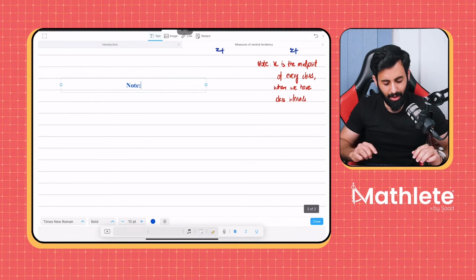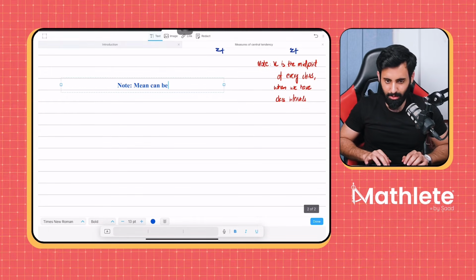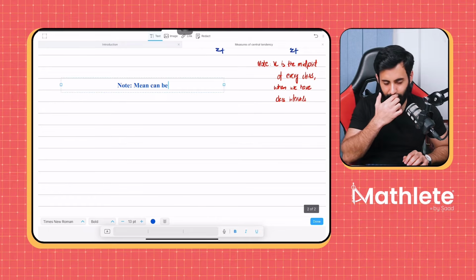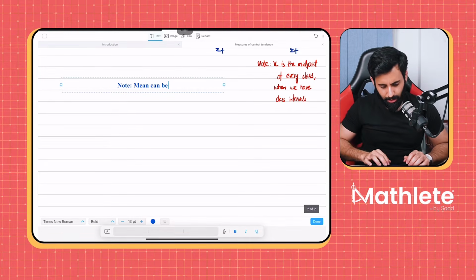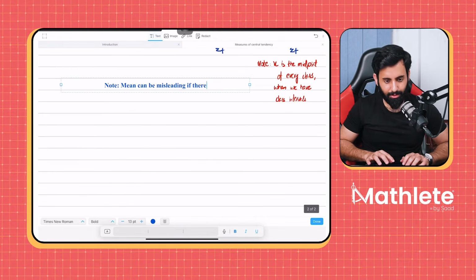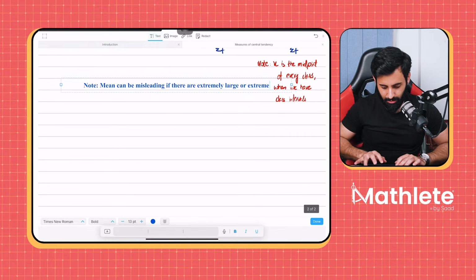Yes, exactly. So basically, this is a long note, which is why I'm typing. You guys can later copy it down or whatever, make a shorter version of it. So basically, mean can be misleading if there are extremely large or extremely small values.